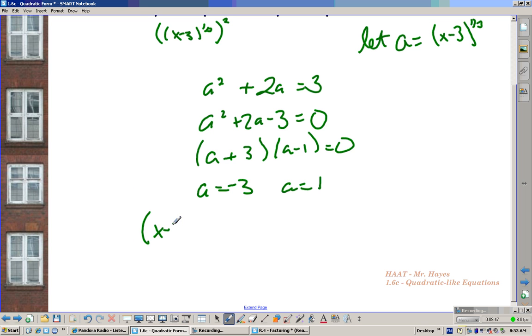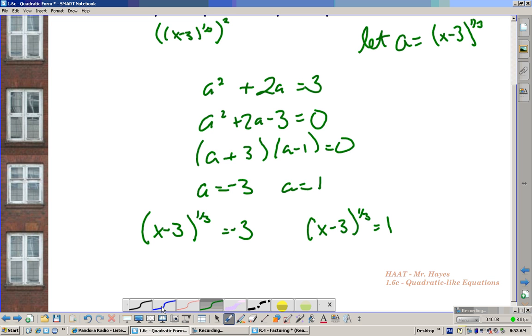So I've got (x - 3)^(1/3) is equal to -3. And then over here I'll have (x - 3)^(1/3) is equal to 1. How do I undo taking this to the 1/3 power? You cube everything.